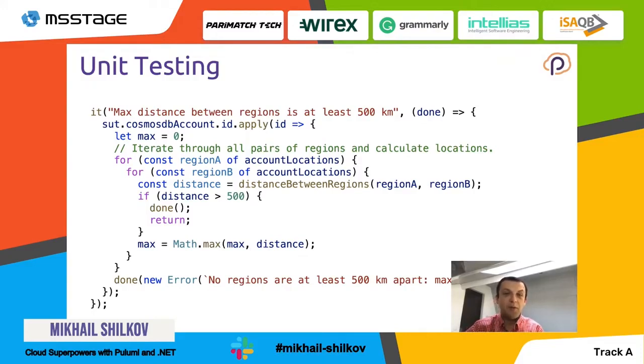So it goes through in a loop a list of Cosmos DB locations, calculates the distance by just looking at the latitude longitude of those locations as published by Azure, and if it's at least 500 kilometers, the test is green. If not, the test is red. You can do this kind of powerful stuff that are almost impossible to test with JSON templates or something like that.